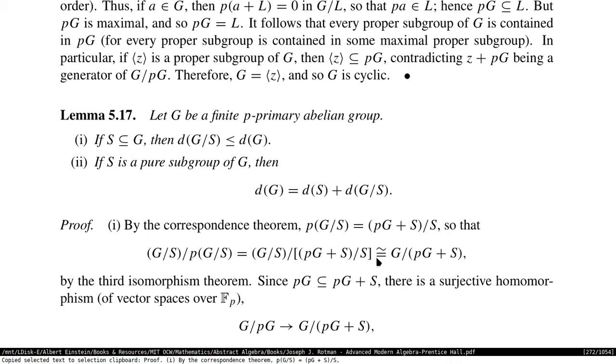The mapping's just a projection mapping from G onto G mod S. And then P times G mod S is a subgroup of G mod S. So its preimage over in G is going to be a subgroup containing S. And in fact, that subgroup is PG plus S, or sorry, PG plus S mod S.